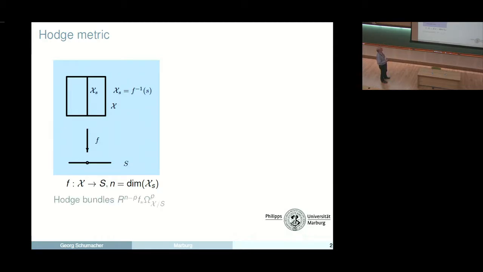And so here are the Hodge bundles, and we can see that these possess an intrinsic inner product given by the wedge product of p-forms, provided there is maybe a Kähler metric present, which in the classical case here will not really be necessary, but later it will be.